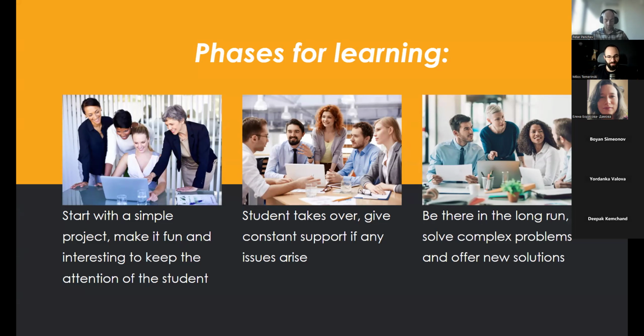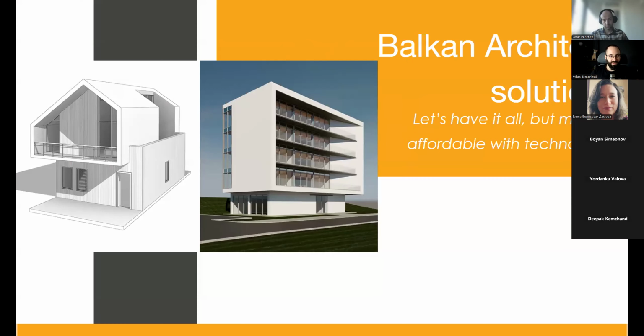So with all of this, I've built the Balkan Architect solution, and all of this I did when I was developing my beginner course. And I wanted to apply all of this methodology on something as complex as Revit, and this is basically what I've gotten. I've used the approach, but what I wanted to do is maximize affordability.